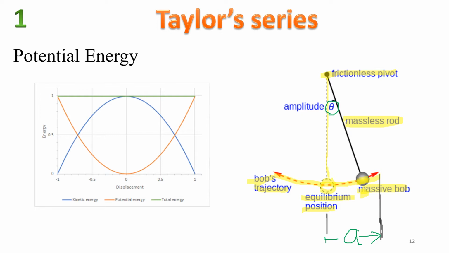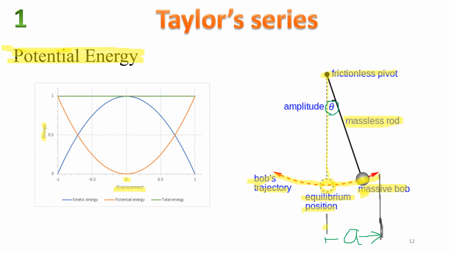Another point of emphasis is that we are going to have energy considerations at the end of the discussion, but here I would like to show you some plots so that I can give a bird's eye view of how the dancing of energy is going to happen. So here I am plotting energy on the y-axis and displacement on the x-axis. The mean position corresponds to 0 displacement.